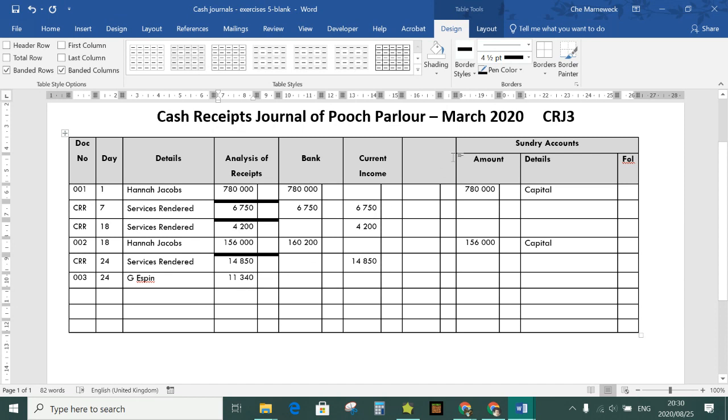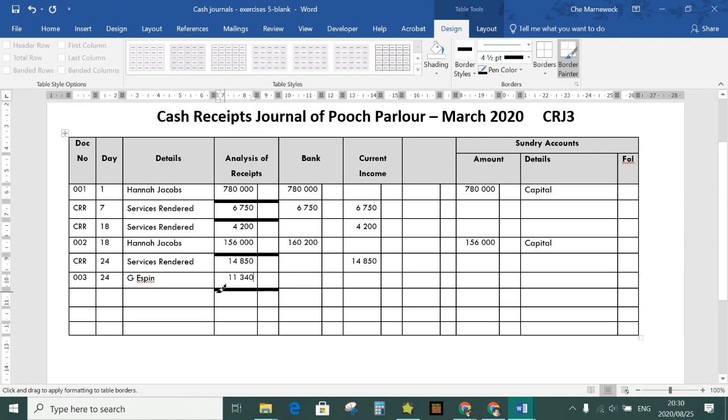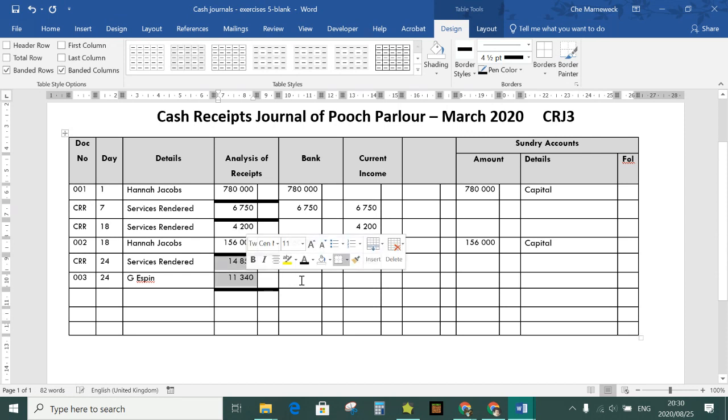We don't receive any more money. So you get out your ruler and we underline underneath the last amount we receive on the day. We add the two values together and we're going to deposit 14,850 plus 11,340 gives us 26,190.